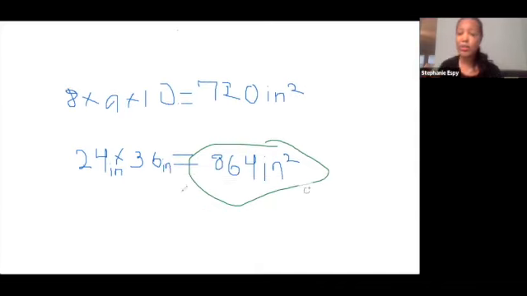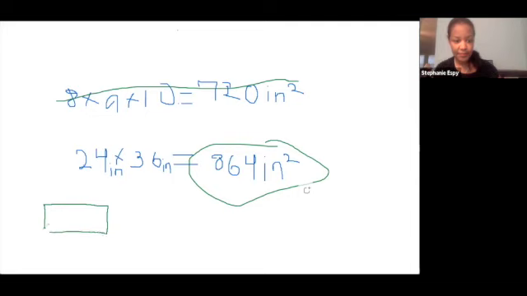Okay, so when you wrap a box, think about wrapping a Christmas gift, right? Think about the sides of the box. We have 3 different sides. We have one side that's the 8 inches by 10 inches. We actually have 2 sides with the top and the bottom.